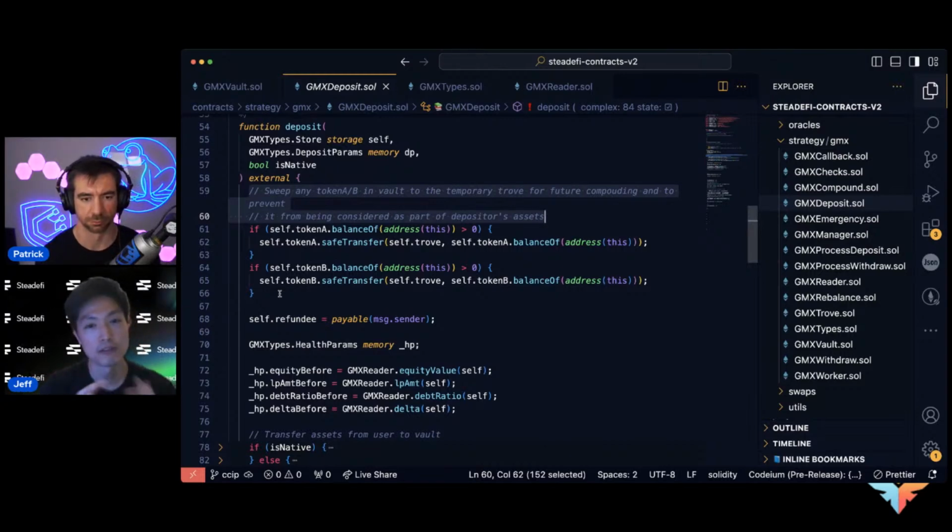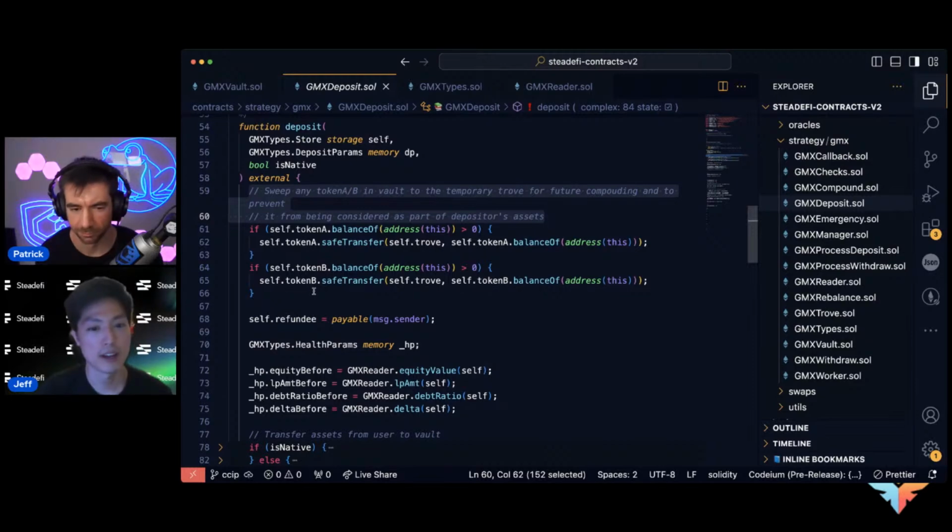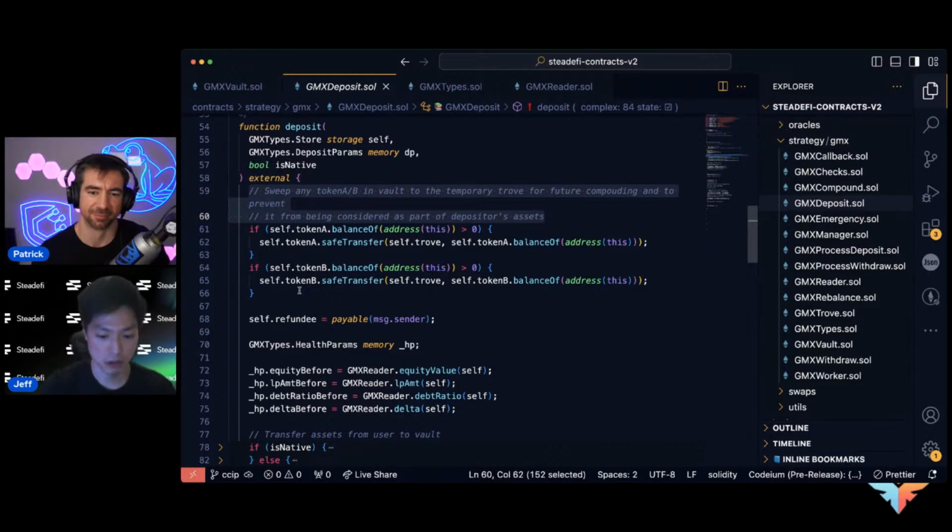So in order to prevent this mix-up of ARP rewards that GMX will be giving versus users depositing ARP into this strategy vault, we have this flow of saying, okay, every time a user deposits, we make sure there's no dust balances or any random balances from anywhere. We clear it to one side first so that we can properly account for the user's deposit and take the relevant actions.